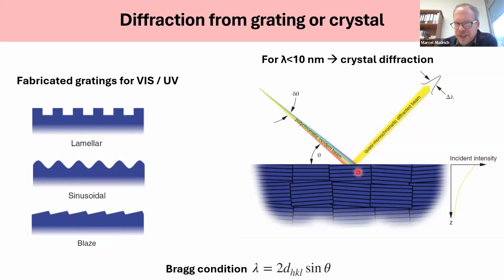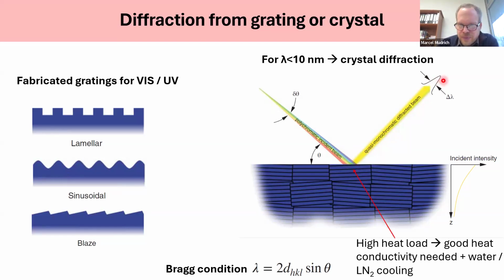The more lattice planes we illuminate and the more lattice planes contribute to constructive interference, the sharper the diffracted beam becomes. But that's the method of choice in the X-ray. We just use single crystals.